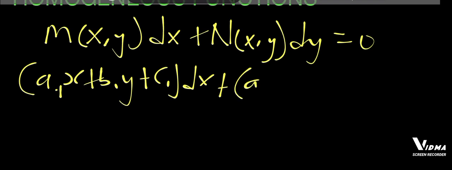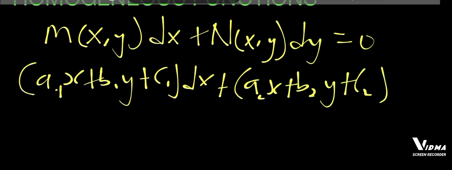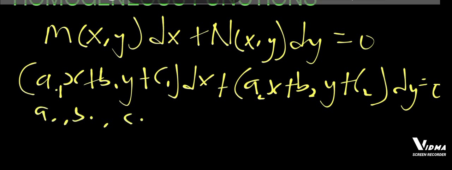So I have (a2x plus b2y plus c2) dy being equal to 0. Okay, so if it is of this form and my a1, b1, c1, a2, b2, c2 are all what? Constants.